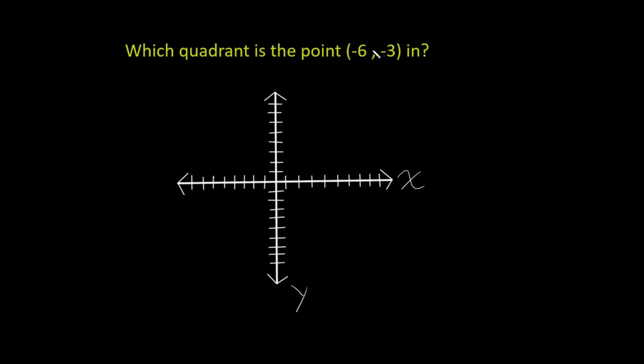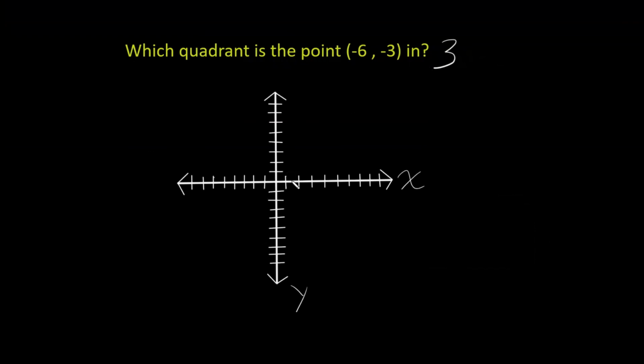And we can see that -6 would be somewhere along the left side of the x-axis. And then we can look at the y value, right? And that's -3. So we know it's going to be the bottom half of the y-axis. So we know it's going to be in this section here, which if we were to draw the C and follow it, we would see that this is the third quadrant. So I can write quadrant 3 here, right? And that is our answer.